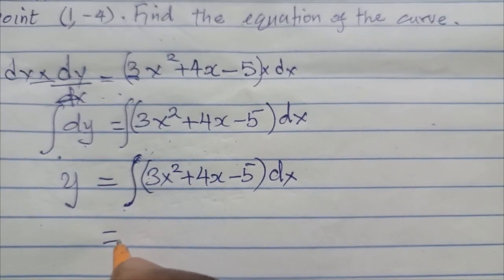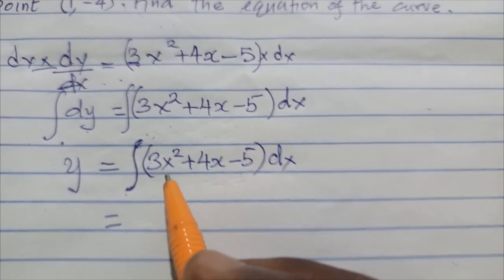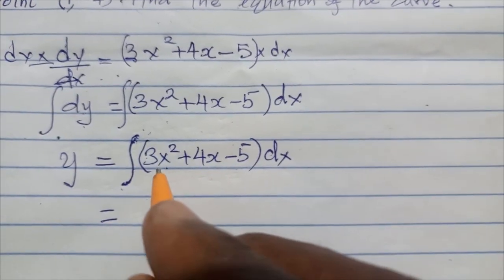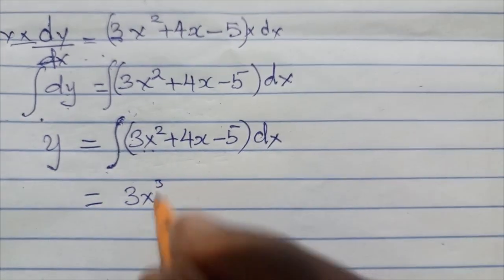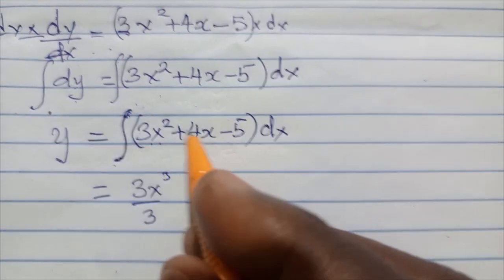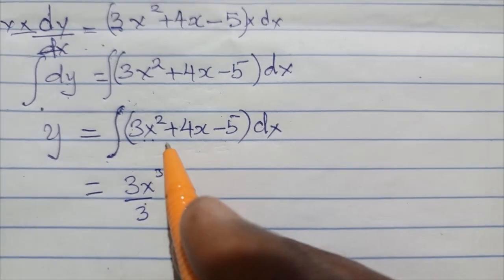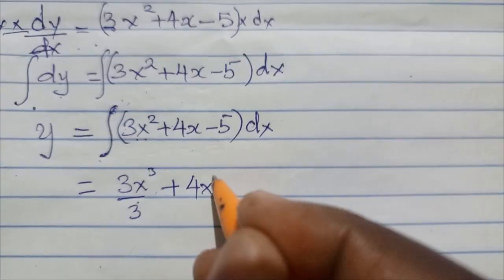So when we have an indefinite integration, we'll just carry out the integration, the reverse of differentiation. In this case, the first part, 3x squared, will become 3x to the power 3 divided by 3. The power rises by 1 and we divide everything by the new power, which is in this case 3. In the second term, we'll have 4x squared.